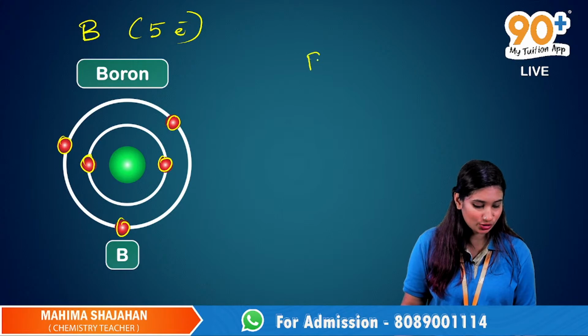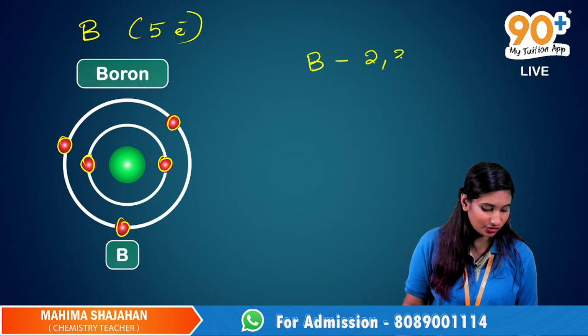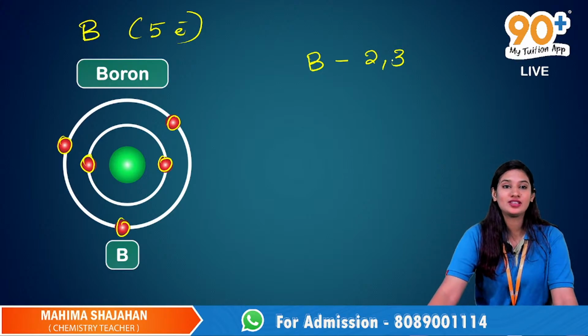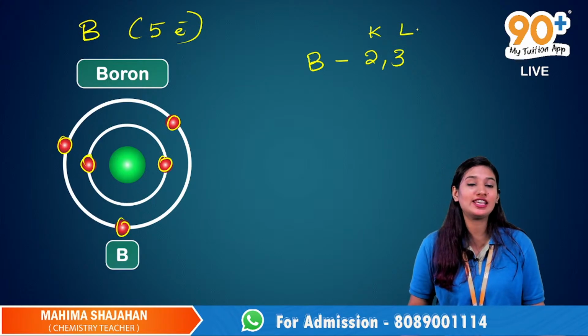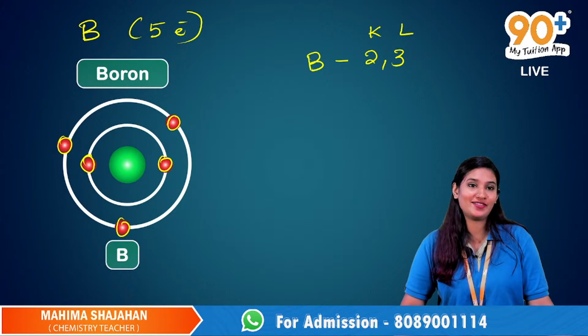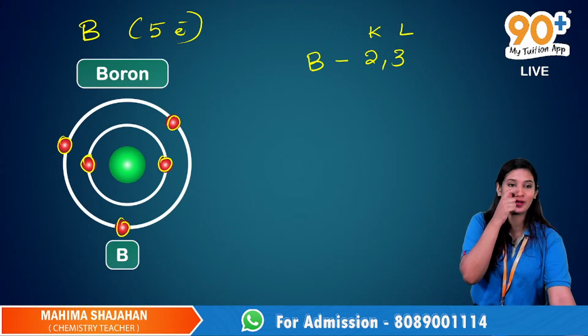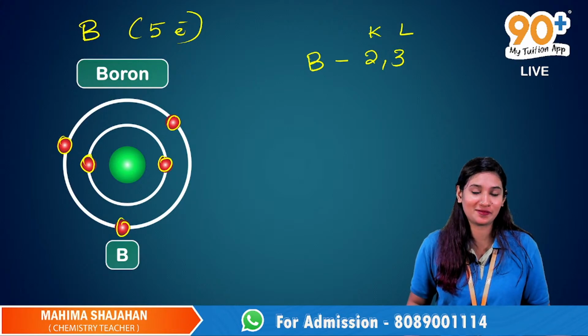So, what is the electronic configuration of boron? It is 2, 3, right? Yes, in the K shell 2 electrons and L shell 3 electrons. Very good. Devanarayanan, very good. It is 2, 3. Everyone, I'm seeing it. Yes, very good.